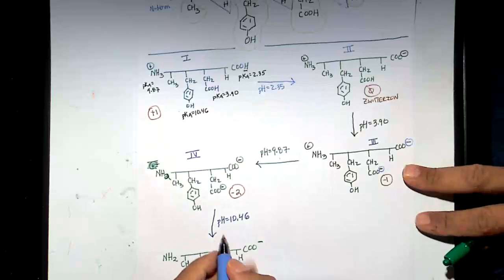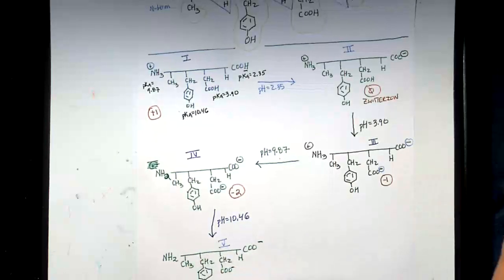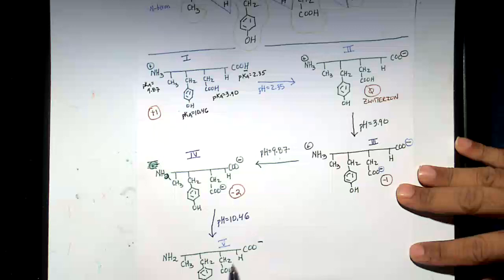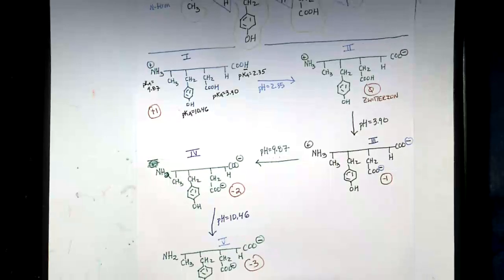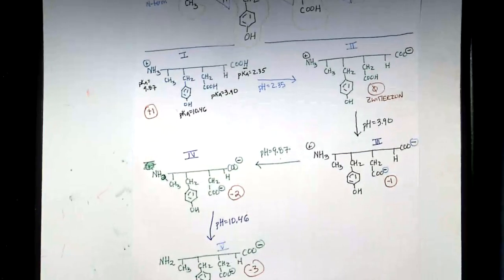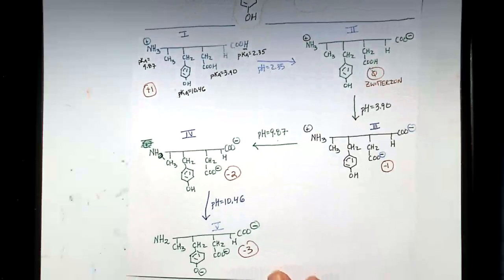Alright, and this is form 5, and what is its total charge? -3. Okay, so there's actually 5 forms of this tetrapeptide. Tetrapeptide, it's AYDG.